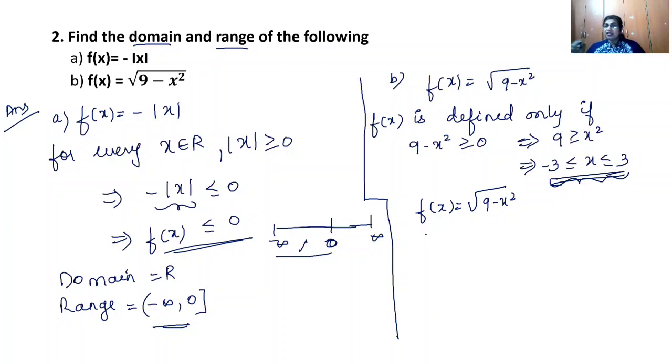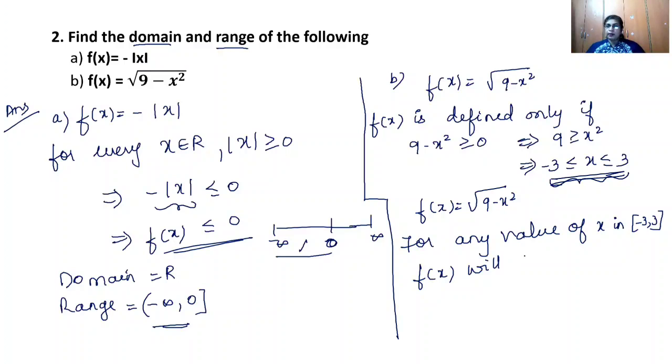For any value of x in the closed interval minus 3, 3, which is the domain, f of x will lie between 0 and 3.